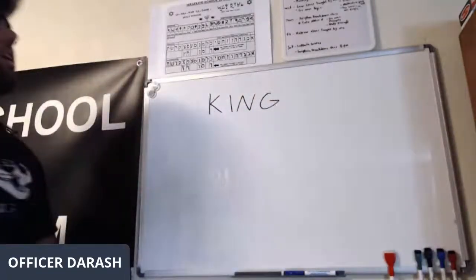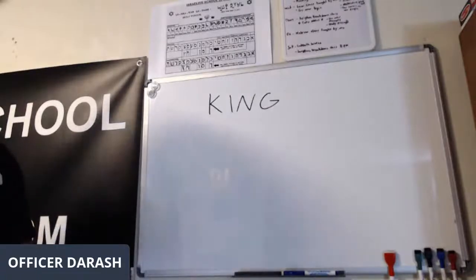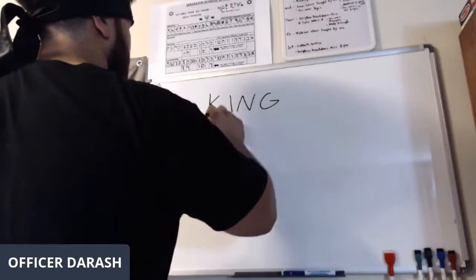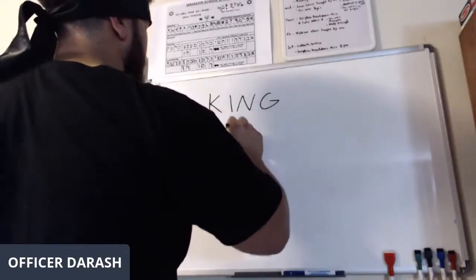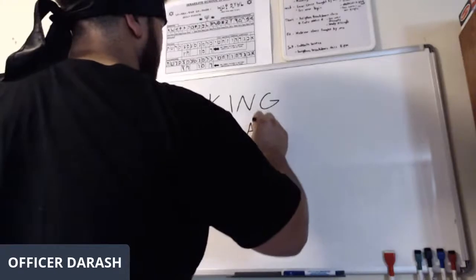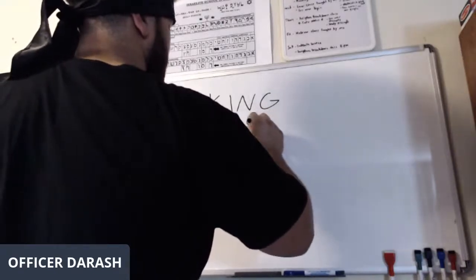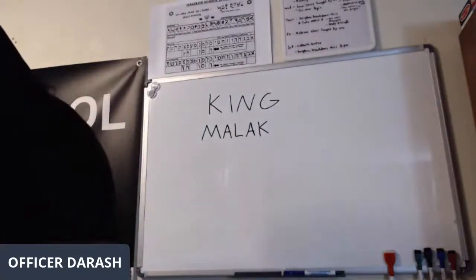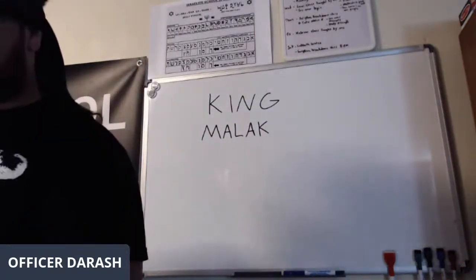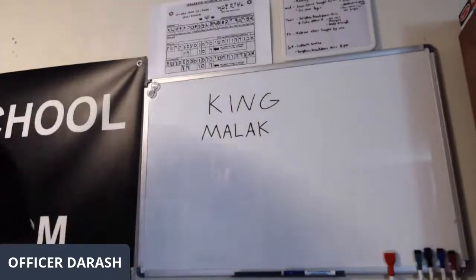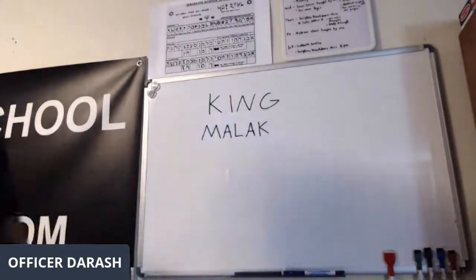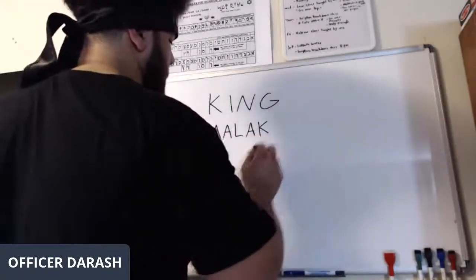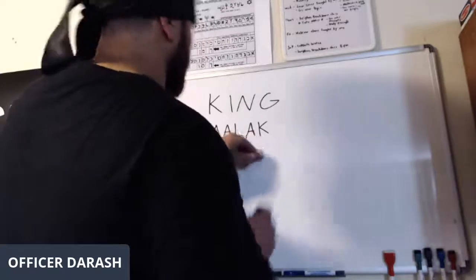So we'll start with king, and then we'll do the plural. So king, malak. Malak. Did I say? Yes, king and then kings. Malak is king.